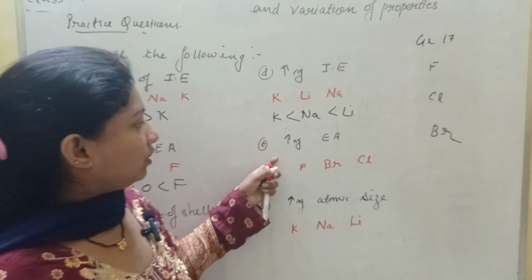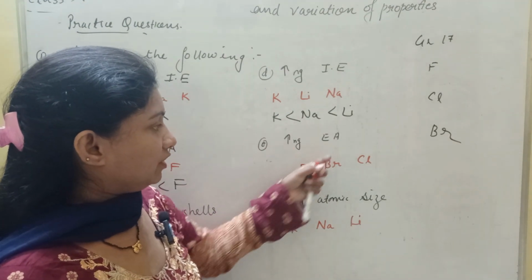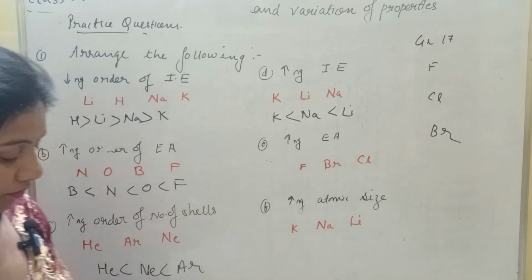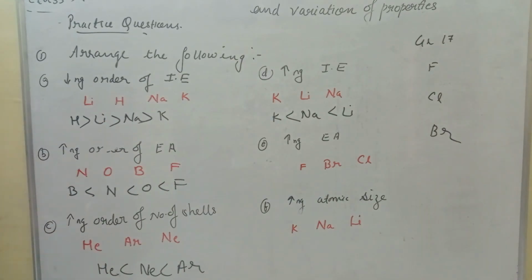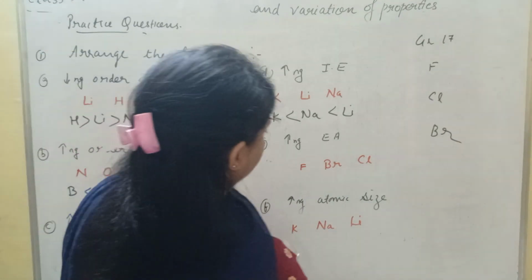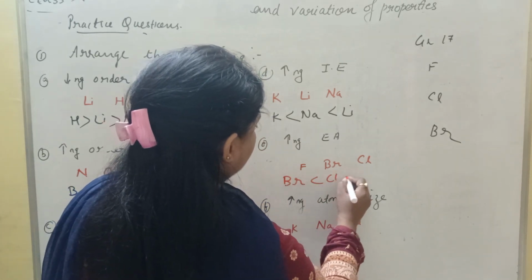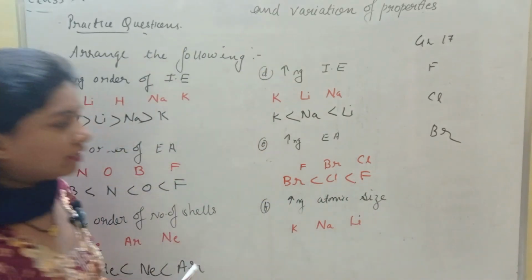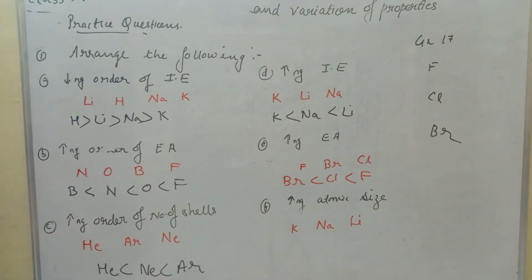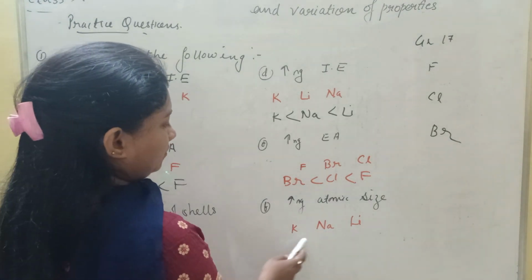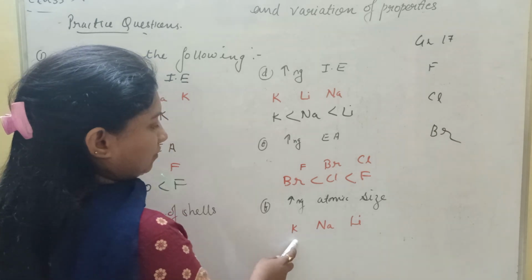But here what we have to do is according to increasing electron affinity. So which one will have the maximum value for electron affinity? Obviously, the least will be for bromine, then chlorine, and fluorine will have the maximum value for electron affinity. Then increasing atomic size: lithium, sodium, potassium.